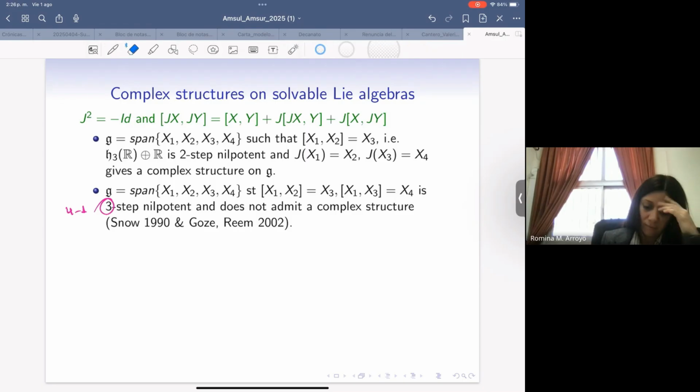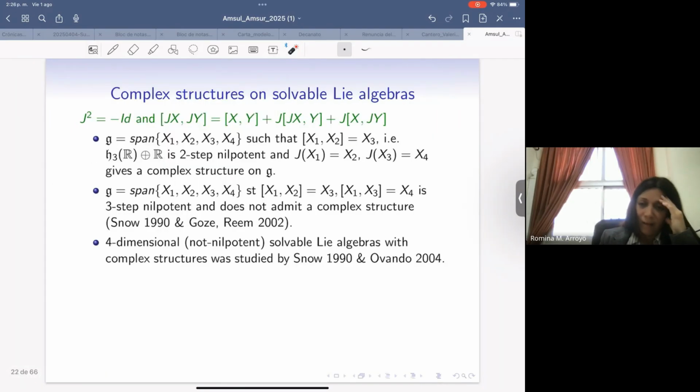So this is more general. For dimension 4 nilpotent Lie algebras, the existence of complex structures is well known. Two of the nilpotent Lie algebras admit a complex structure, and the third one does not. I mean, not every Lie algebra admits a complex structure.